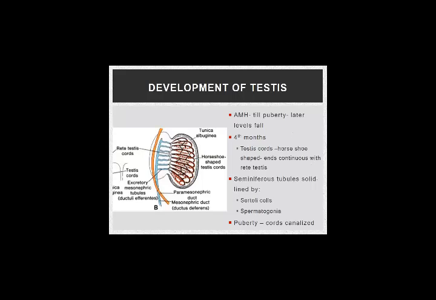Now, in the fourth month, the cords of the testes begin to elongate, and elongate massively. As a result, there is no space to elongate further, so they bend upon themselves and form a horseshoe-shaped structure, and the ends of these bent tubes become continuous with the cords of the rete testes.